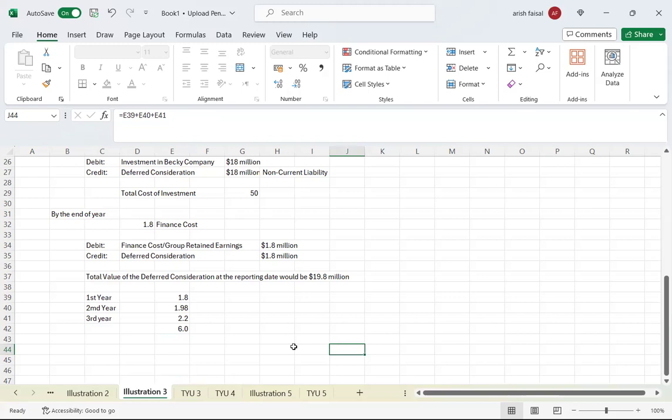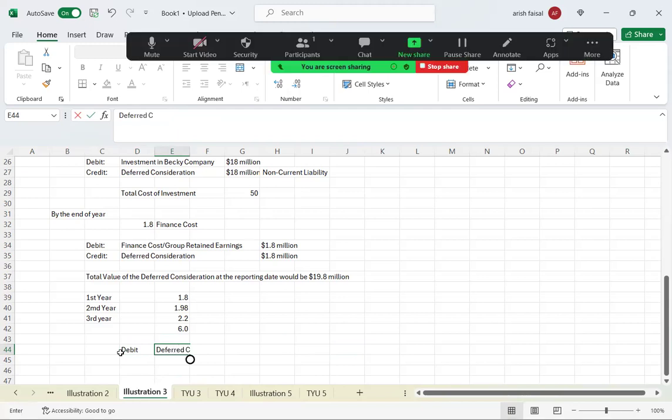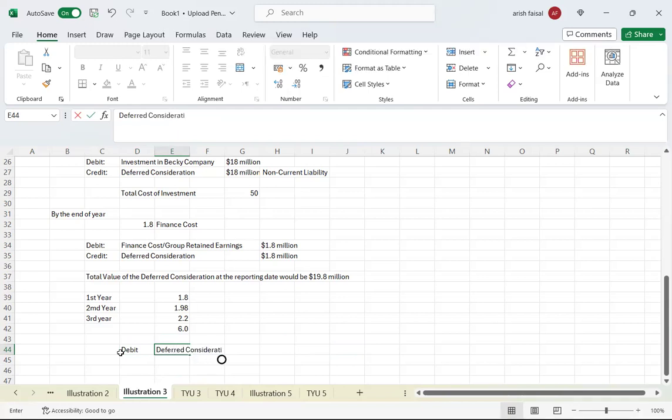And once you pay off that amount, in that case, the entry will be debit deferred consideration with the amount of 24 million, and credit will be cash.